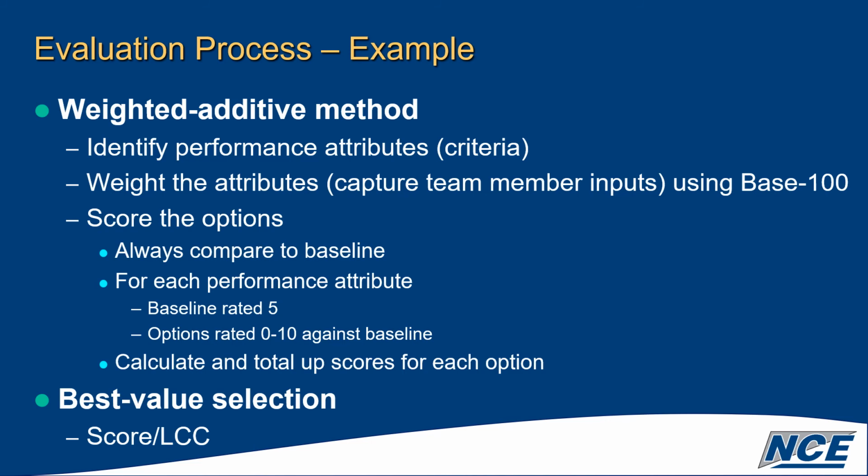You assign weights to them, you score those options, and you're always comparing back to the baseline. And then ultimately, you look at the cost profiles and you do a best value score, which is based on the relationship between performance and cost.